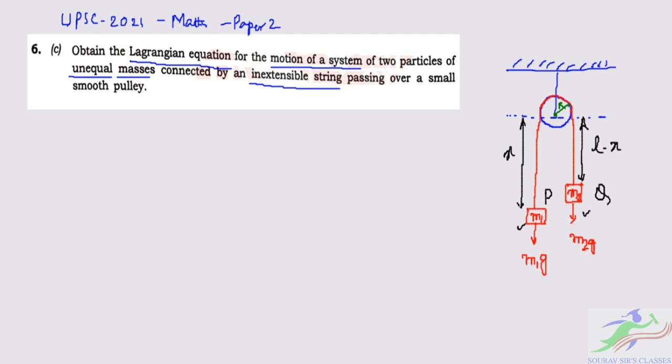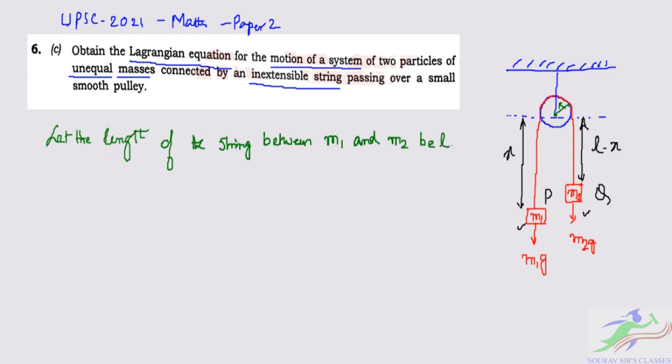Let the length of the string between m1 and m2 be L. So from the figure, this is point A, and you can get that PA is equal to x and QA is equal to L minus x.